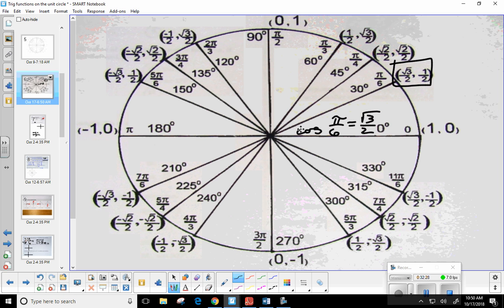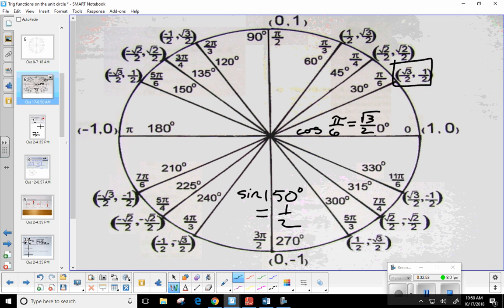Okay. Let's try this one. What's the sine of 150 degrees? Okay. So we start here. We rotate around to 150. But what does sine represent? So this coordinate you find at 150, what's the y value? Now, let me throw you a curveball.